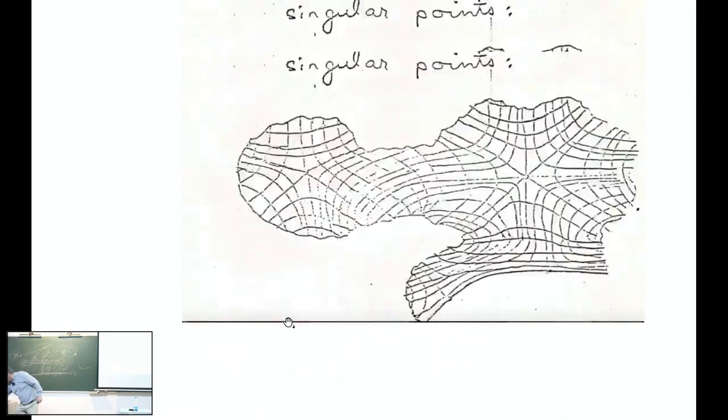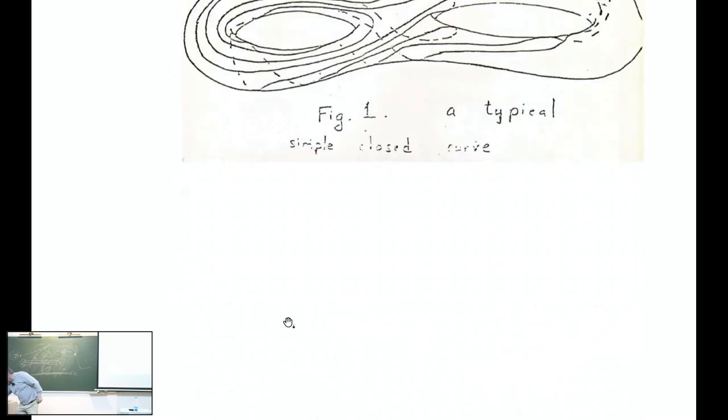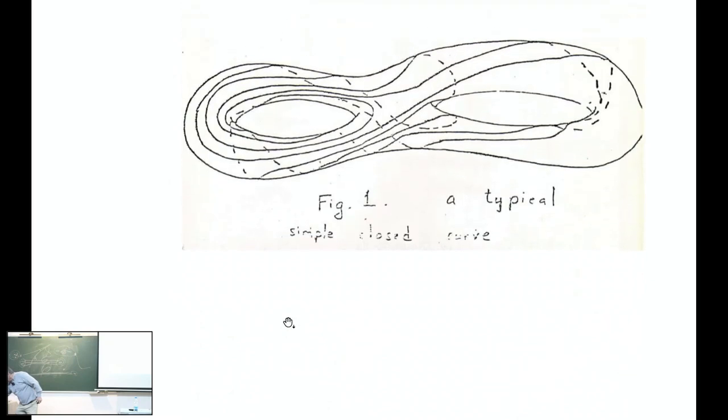This is a typical simple closed geodesic which is wandering, and which looks like a geodesic lamination, because if you just look at it like this, you don't know whether it closes up or not.